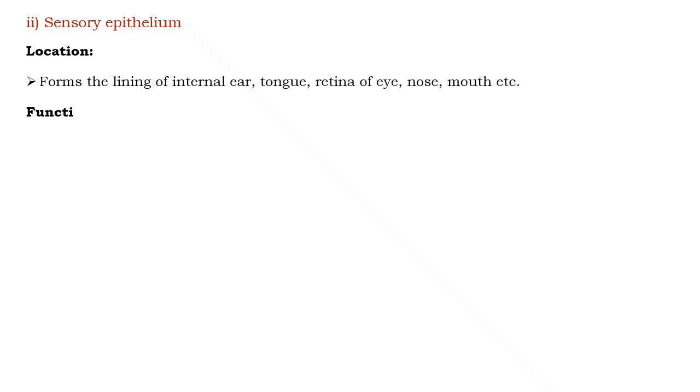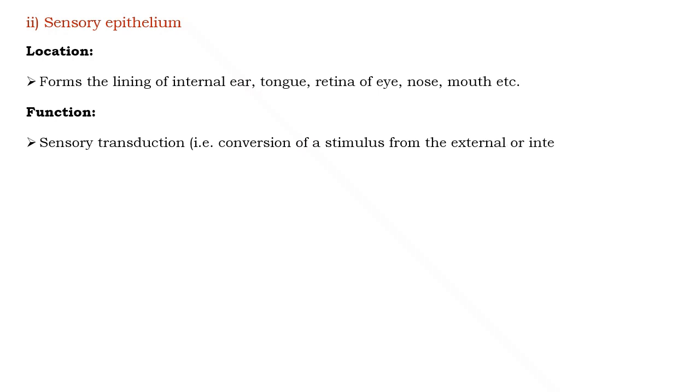Location: forms the lining of internal ear, tongue, retina of eye, nose, mouth, etc. Functions: sensory transduction, that is, conversion of a stimulus from the external or internal environment into an electrical signal.